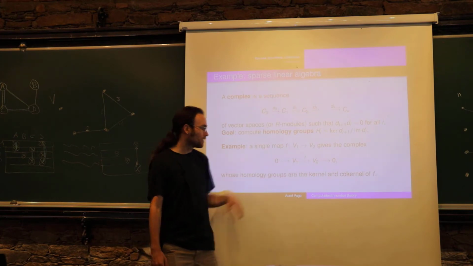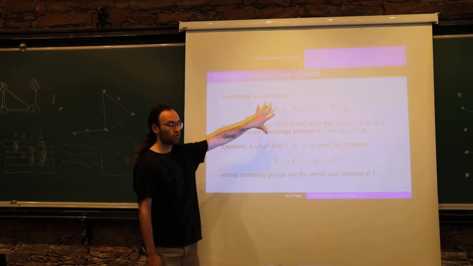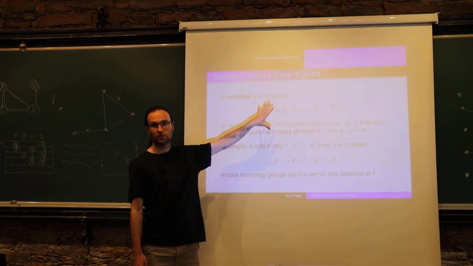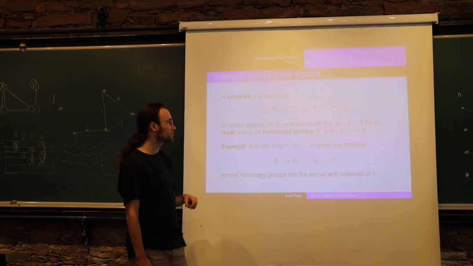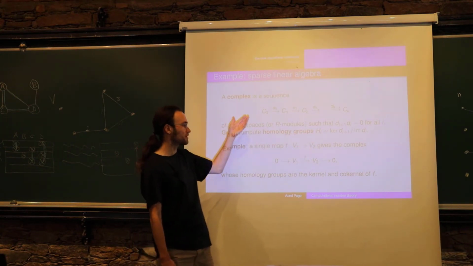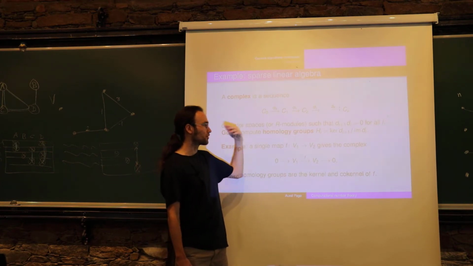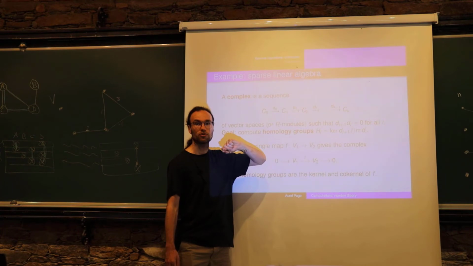But more generally, there are many contexts in which this construction is actually the object of interest. You get a long complex with several terms, and you're not actually interested in keeping the kernel itself or the image itself, but just these homology groups.